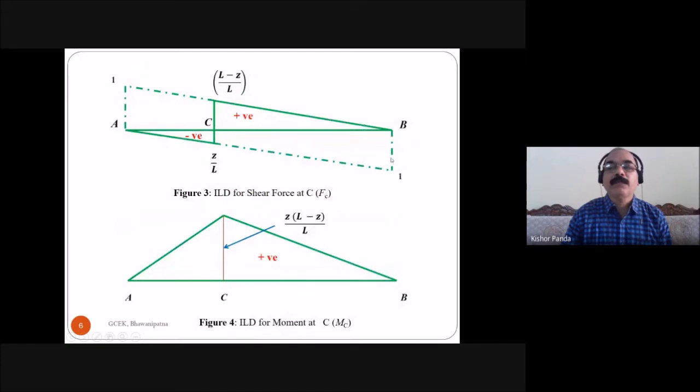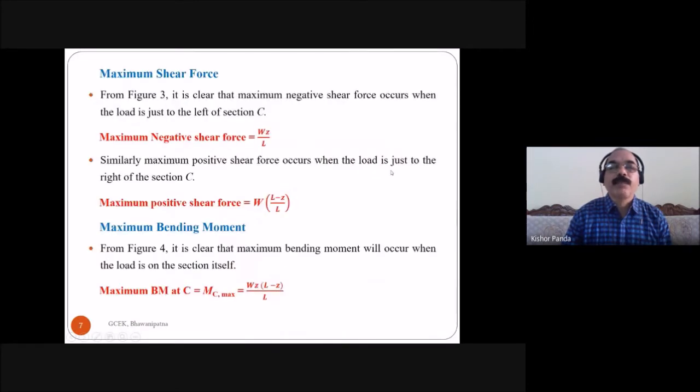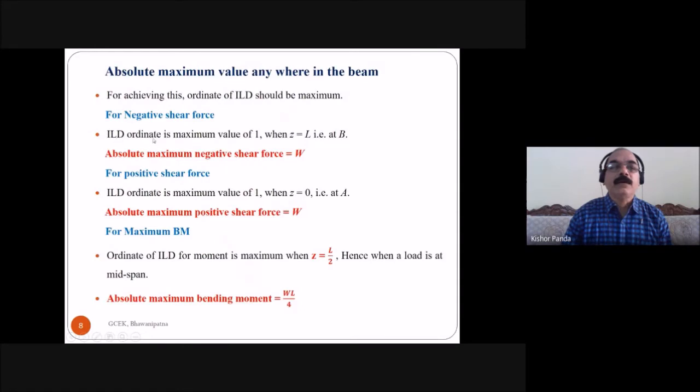This is 1. When Z is equal to L, this is the maximum negative shear force. The ILD ordinate is the maximum value of 1 when Z is equal to L, that is at B. So the absolute maximum negative shear force is equal to W.